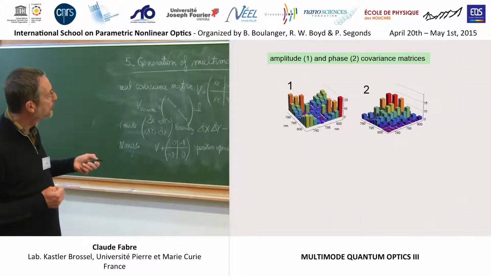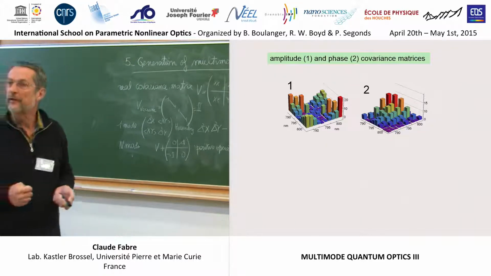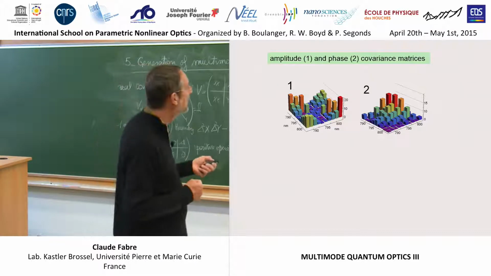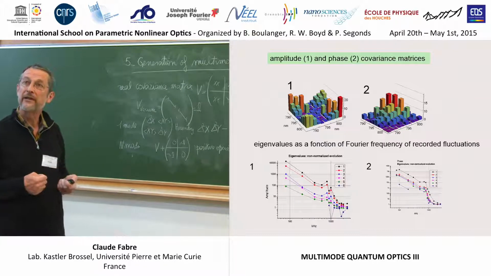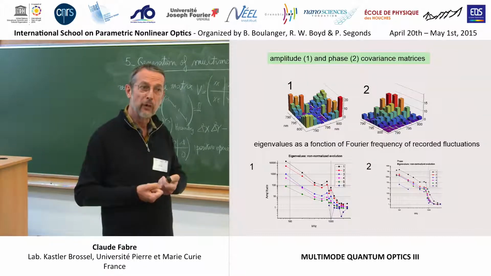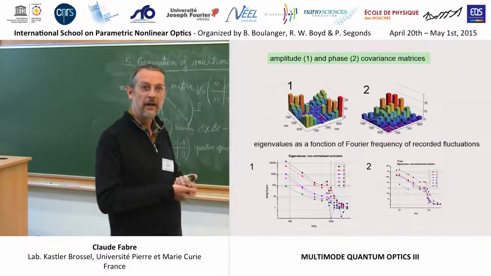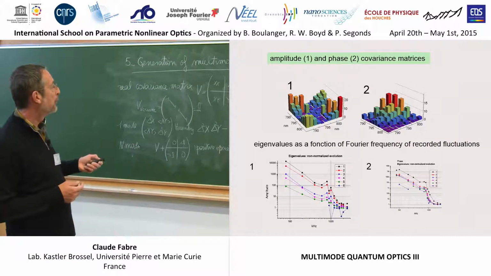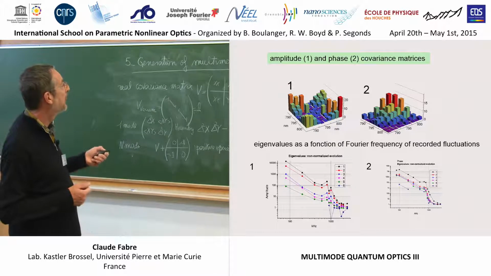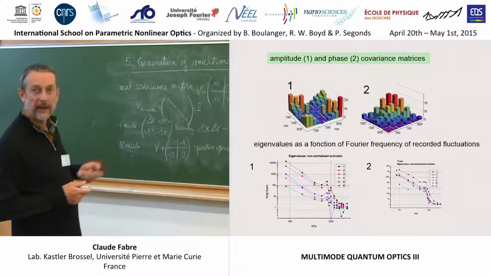It's in dB scale. We see that we have a lot of excess noise, or big correlations, in the system. Here also, what is interesting is to extract eigenmodes, noise modes of the laser. We can extract modes from the amplitude part or from the phase part.